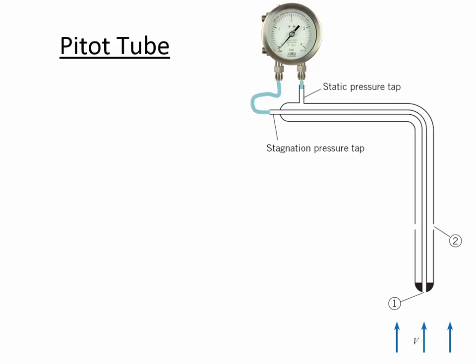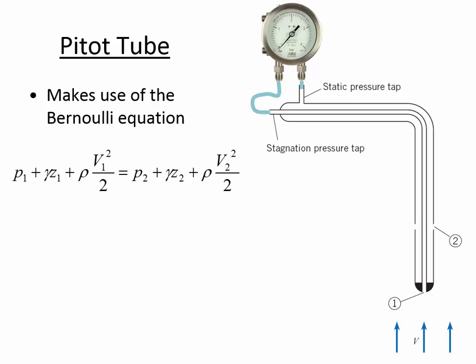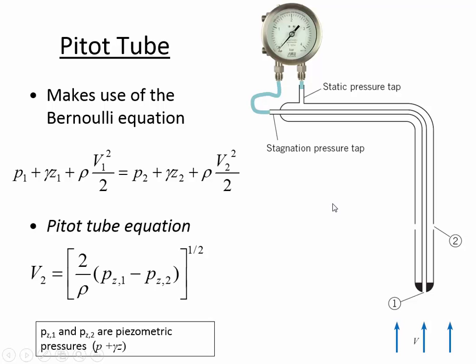All right, so this is a pitot tube, and again, it's using Bernoulli's equation. This time written in terms of pressure rather than in terms of head, but it's the same equation. It's just sometimes we divide each term by gamma. Now, we can rearrange the pitot tube equation using our definition of piezometric pressure.